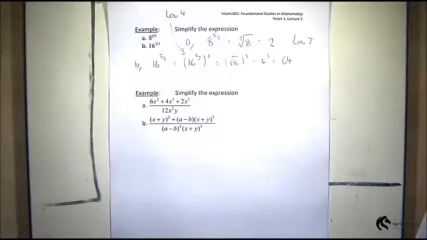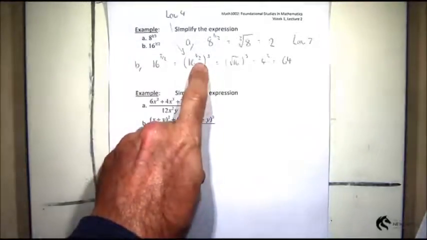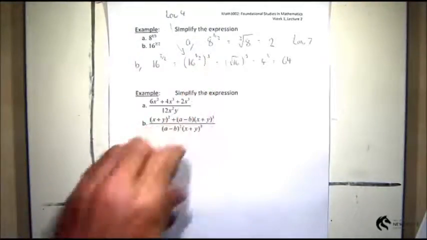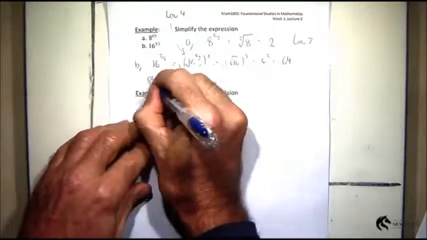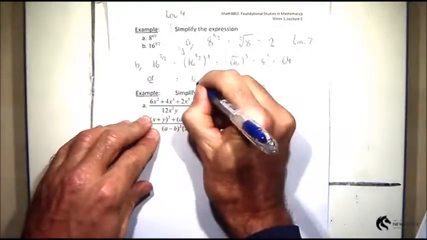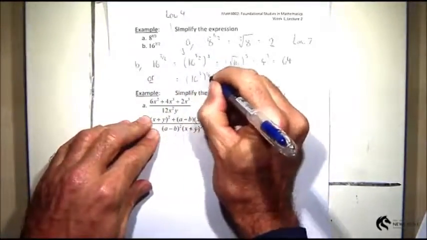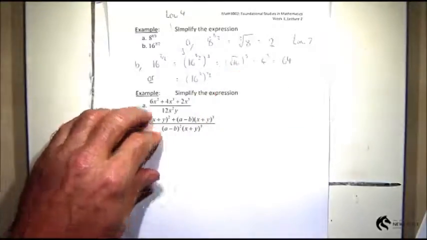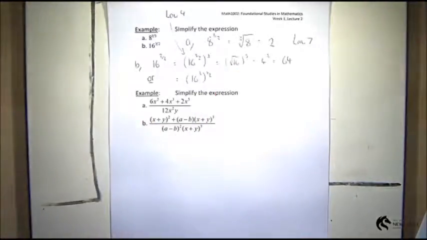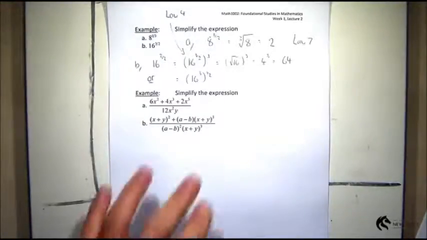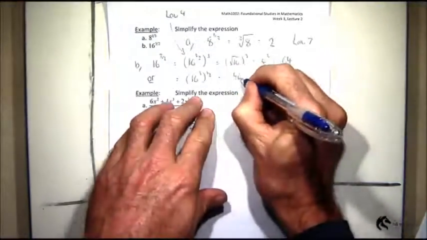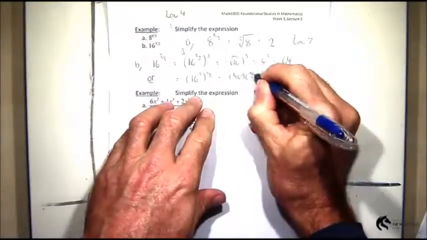Now, in here I split this up as a half times 3. I could have also split it up, so I'll put here, or. If you'd wanted to, you could have said, look, this is 16 cubed all to the half. Now, 16 cubed, I believe, is 4,096, all to the half.